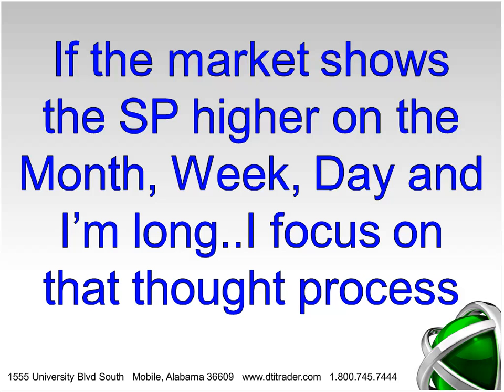And then, of course, you bring the month into play. We'll get a monthly open Monday night. We'll get a weekly open on Sunday night. The week will be a little bit ahead of the month this time. Then you get a daily open, which will be the same as the monthly open on Tuesday. And then if it's up, then I'll figure out if I'm going to be long.